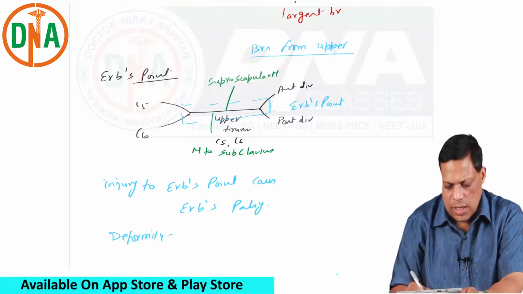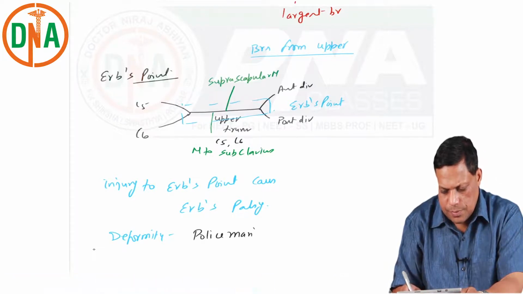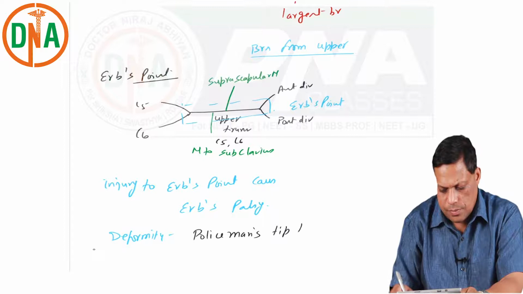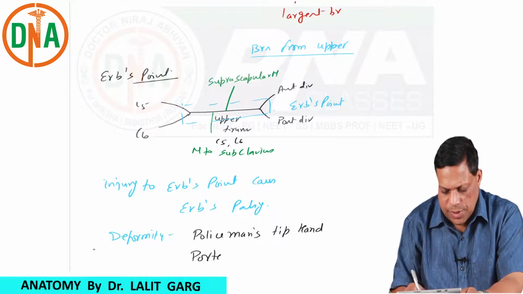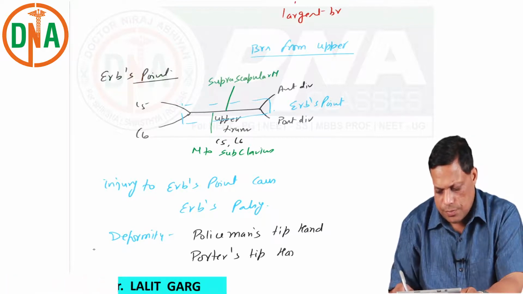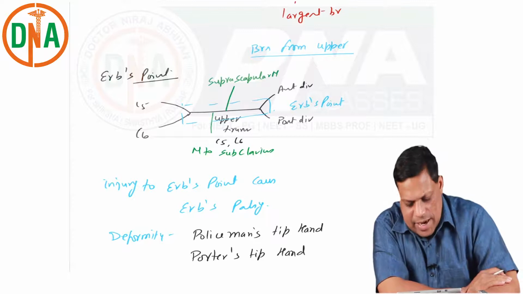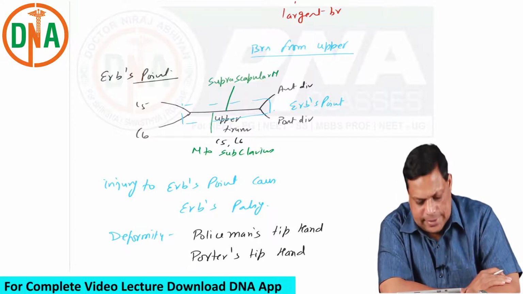Deformity is known as the policeman's tip hand or porter's tip hand. Policeman's tip hand or porter's tip hand is the deformity in AIIMS paralysis.